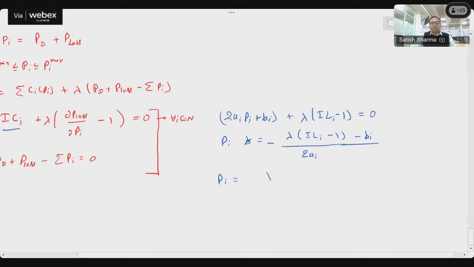So lambda, and plus, how much is the value? So it is basically lambda minus b. Is this correct right now? It is still not correct.